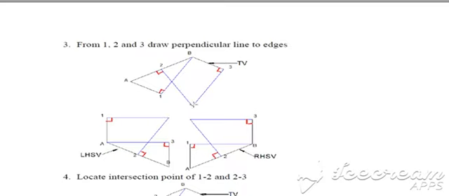Now with this point as a center and the distance from this point till it touches the perpendicular point, draw an arc. Again similarly, with this point as a center and the distance till it touches the perpendicular point as radius, draw an arc.